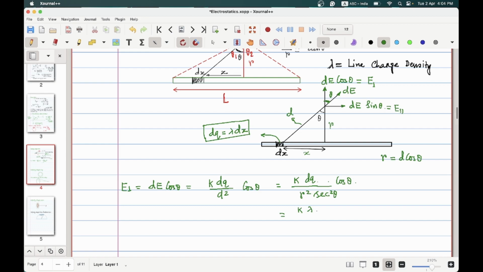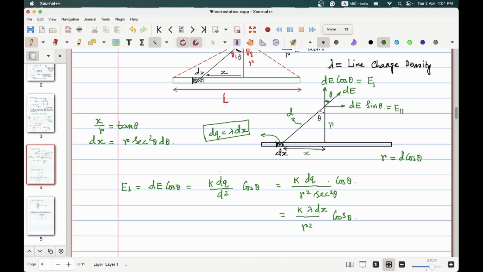So dq is lambda dx by r square, and we take the sec square theta in the numerator, then we get cos cube theta. Now you know that x by r equals tan theta. So dx equals r sec square theta d theta.